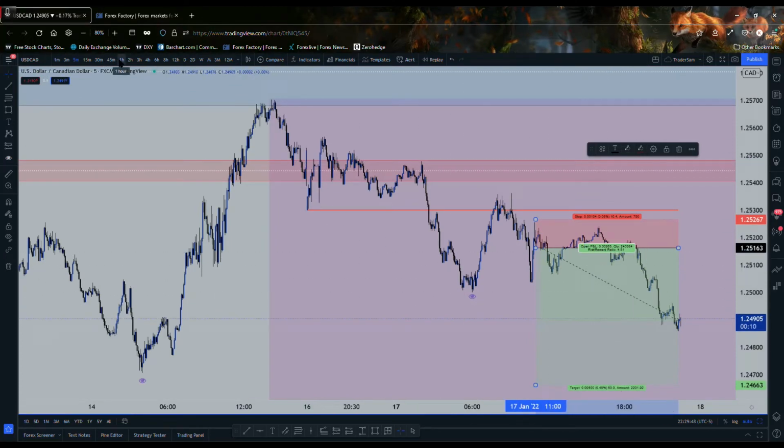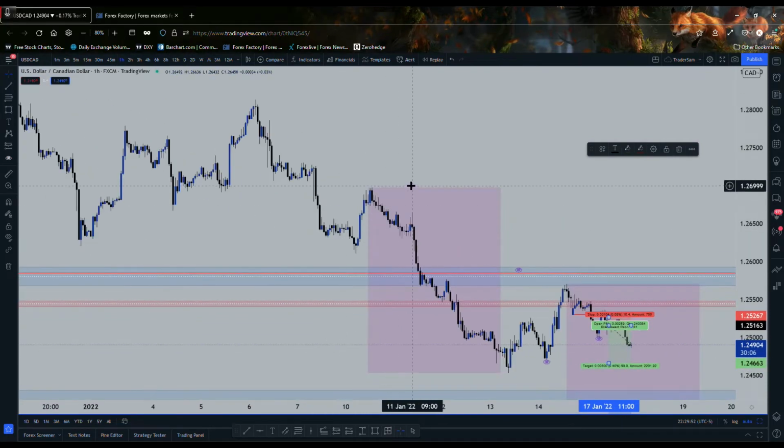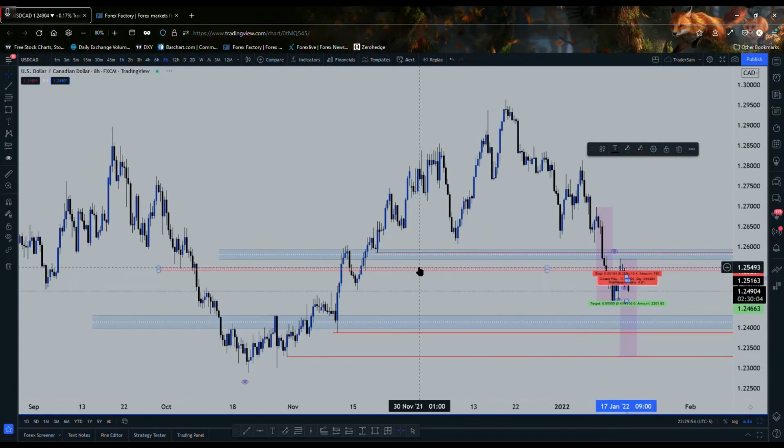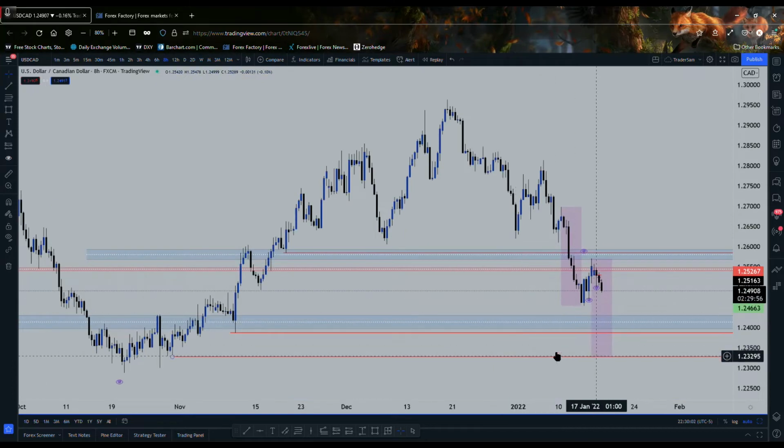Now zoom out a little bit, to get into the higher time frame. I'm looking at this high to this low, range expansion coming up here, down to this low, below this swing low, and then perhaps below this swing low.